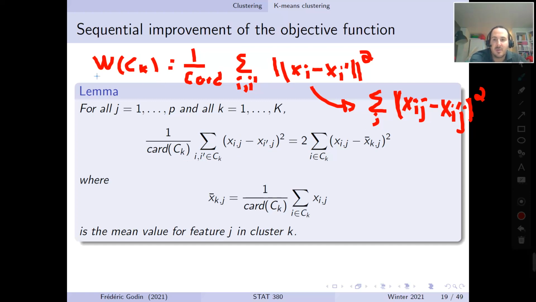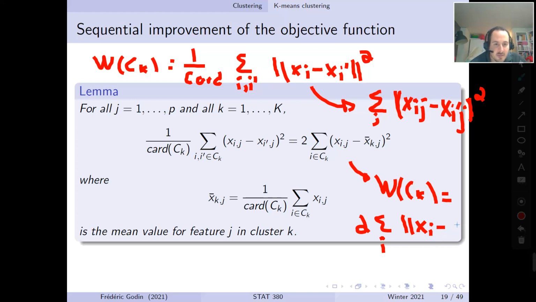So the within cluster variation can have an alternative representation where we replace this summation here by a summation of here, and this entails that WCk is equal to, so if you sum this across all j's, twice times the summation over i, all observations in Ck, times the squared distance between xi and, I'll just call it x tilde k, where x tilde k here is the centroid.